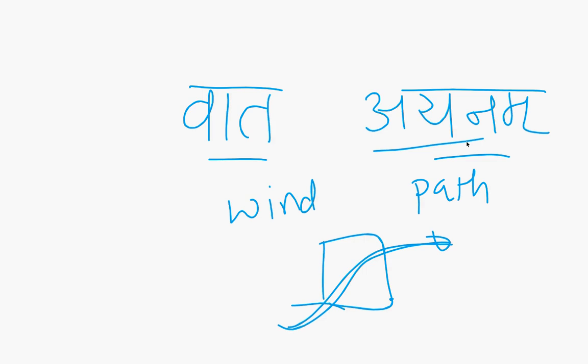For example, here we have Vayuhu Vahati. There also we can use Vataha Vahati. And Ayanam is path. So we can use Ayanam Sundaram Asti, if you want to say the path is beautiful.